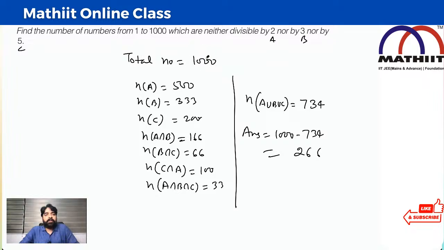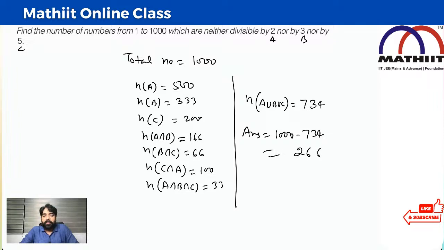1000 numbers. So from 1000, this many I divided, removed from this. So I think I'm doing correct. Where is the problem? How 265? Wait, 1 is included, no? It's saying that from 1 to 1000, 1 is included. That's why the total number I wrote 1000.